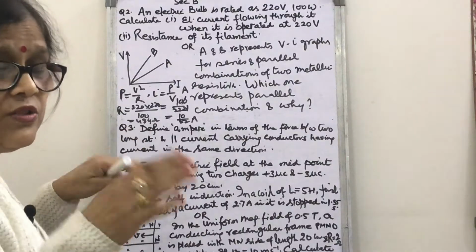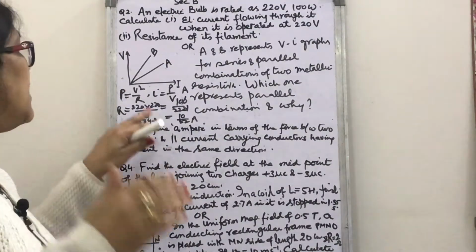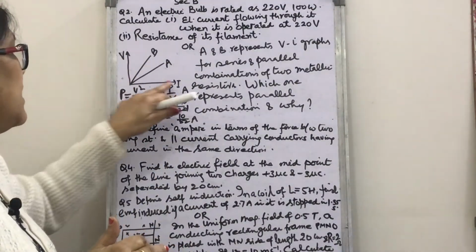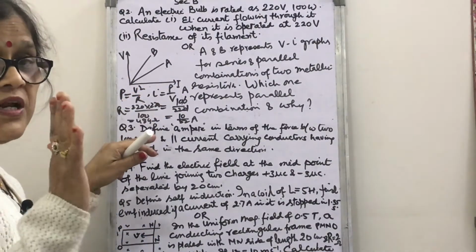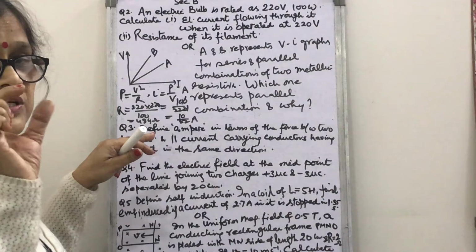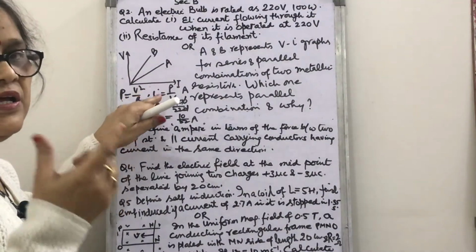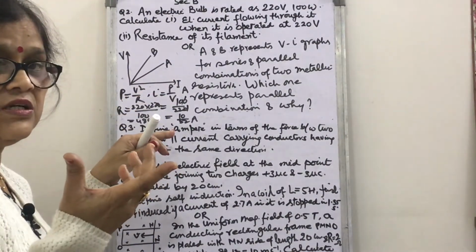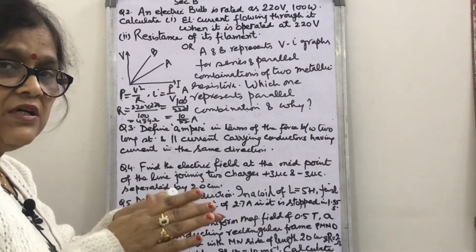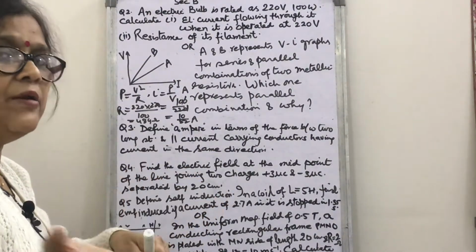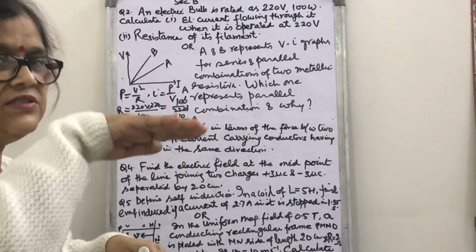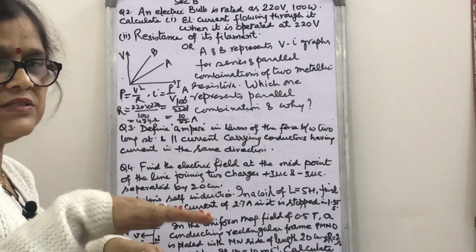You know, in the Ohm's law experiment VI graph, if you plot V and I at the y and x axis like this, then the slope of the graph V by I, change in potential difference upon change in current, gives the resistance. In series combination, resistance increases, so slope will be more, and in parallel combination, net resistance is lesser, so slope will be lesser.